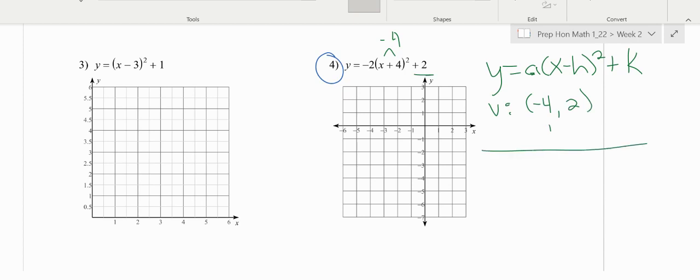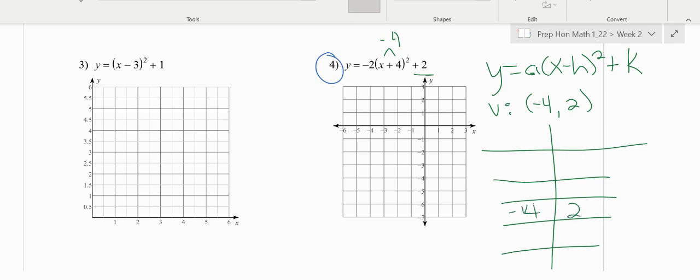If we go ahead and do our table of values, I'm going to pick values above and below. So I have -3, I have -2, I have -5, I have -6. And then we can either substitute those values in to get the y values, or we can use our calculator with the y equals in there.